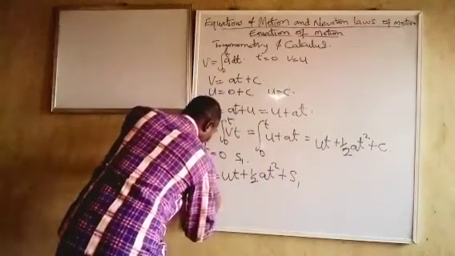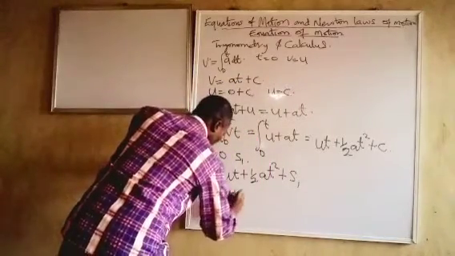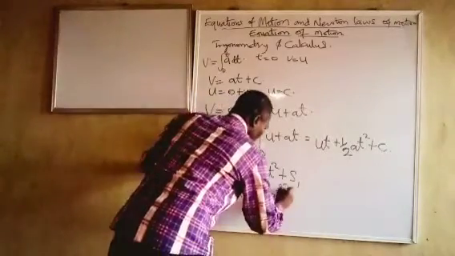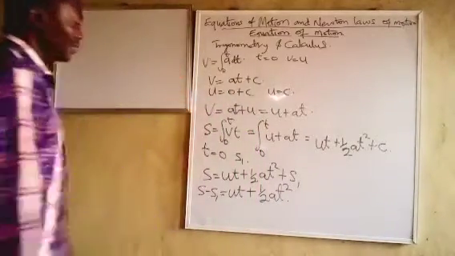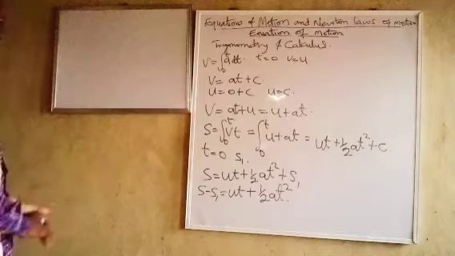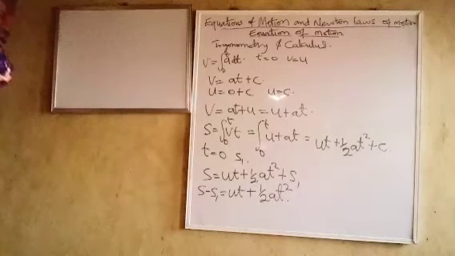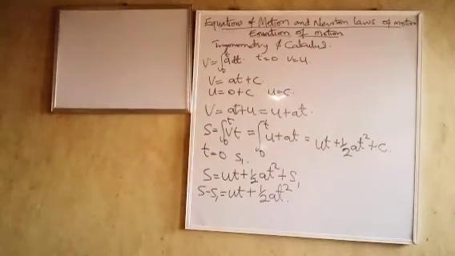So change in position, like I mentioned before, is going to be ut plus half at squared. Can't you see how interesting it is? No story, no long thing. It's just the normal integration.